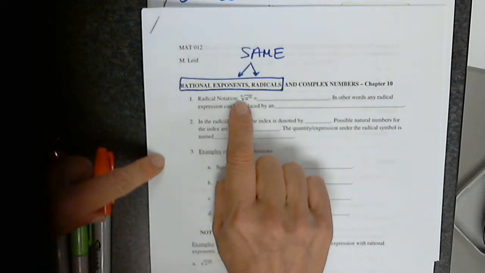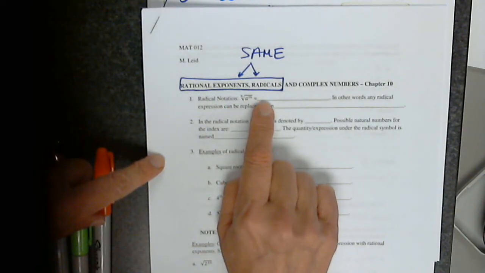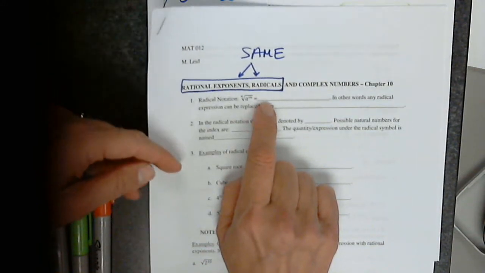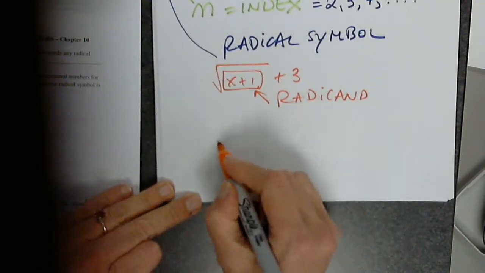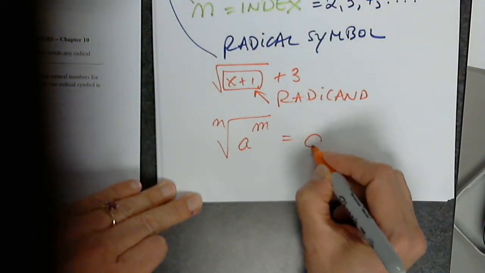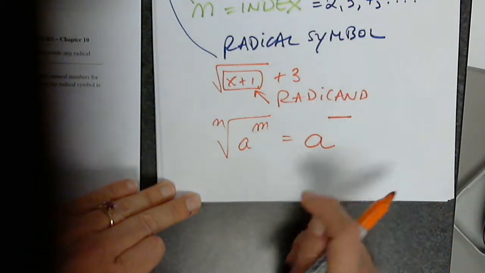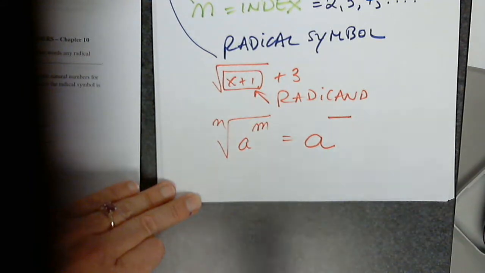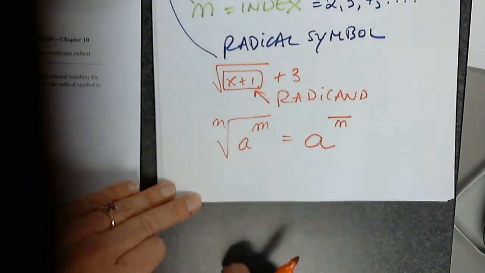So radical notation, the nth root of a to the mth power equals, and now this is the conversion. The nth root of a to the mth power can be written as an exponential notation with a fractional exponent, or with an exponent that is a fraction. The index is always the denominator.